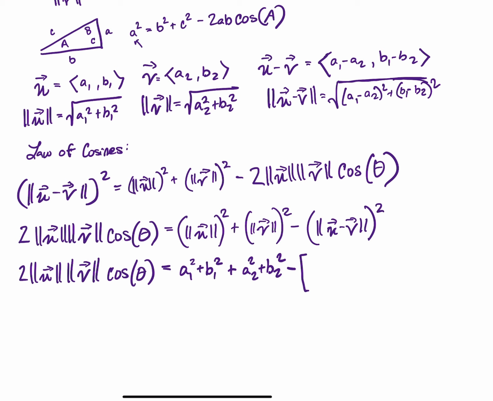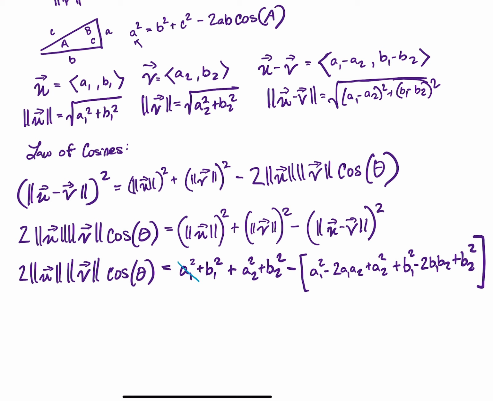And I'm going to go ahead and FOIL out these two expressions. So a1 minus a2 squared, that should give us a1 squared minus 2a1 times a2 plus a2 squared. Then we have plus our second factor squared. So that should give us b1 squared minus 2b1 times b2 plus b2 squared. So it's looking pretty messy, but notice everything that's going to cancel here.